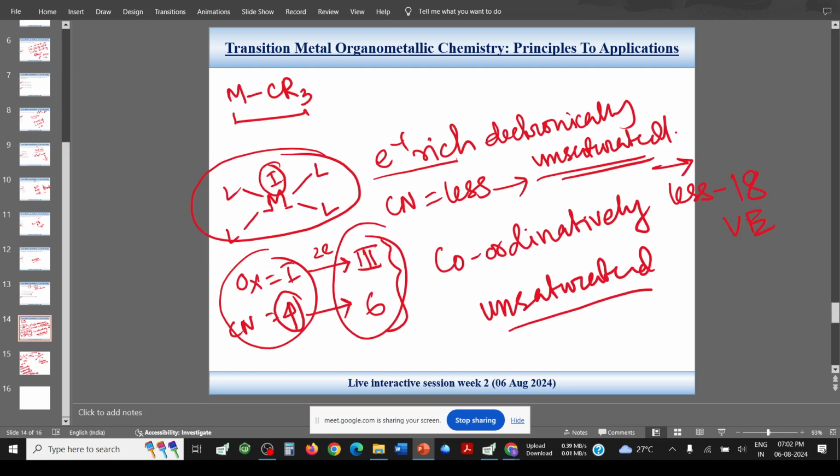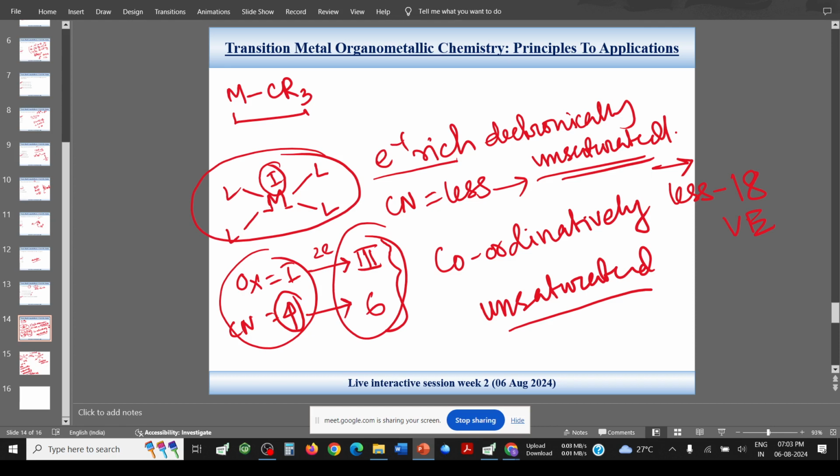So for oxidative addition, the metal should be electron rich, electronically unsaturated, and the coordination number should be less than 6. Electronic unsaturation means it has less than 18 valence electron, and coordinative unsaturation means it has fewer coordinating ligands, that is less than 6 coordination. This is the general rule for the metal to undergo oxidative addition reaction.